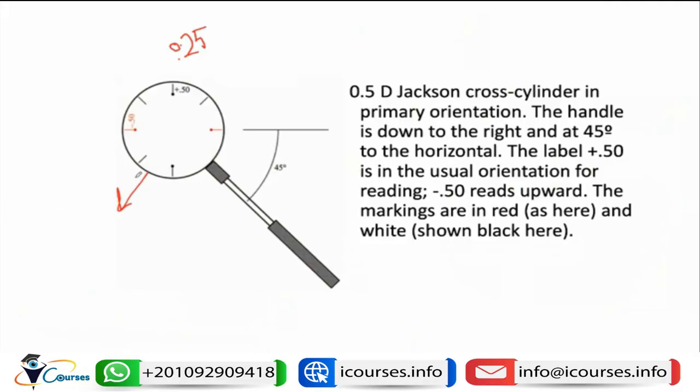Okay, as we mentioned earlier, if we have two cylindrical lenses mounted together, then this lens will have a plus 0.5 in one meridian and the minus 0.5 in the perpendicular meridian. If you want to change it to the spherocylindrical form, then the cylinder will be double the sphere.